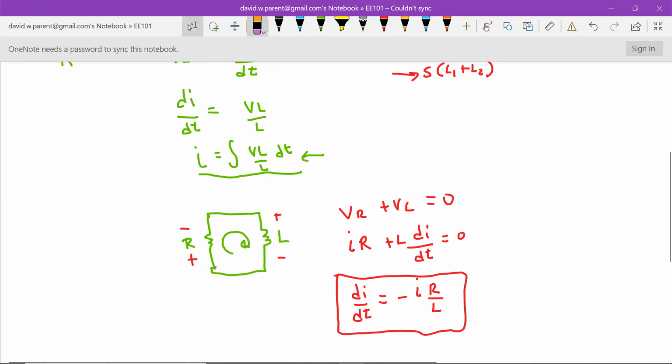I'm going to use what my Calc 2 teacher said, all right? I'm going to paraphrase, because it was Calc 2 and not differential equations.